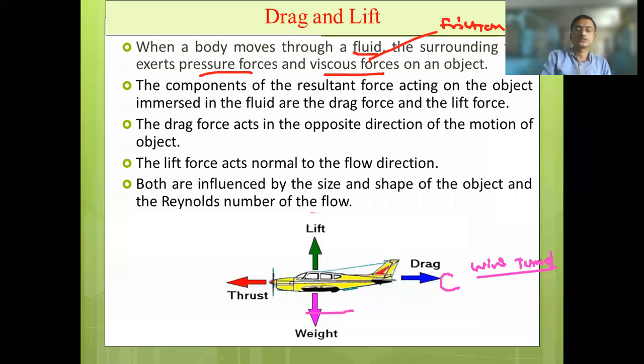The components of the resultant force acting on the object immersed in the fluid are drag force and lift force.